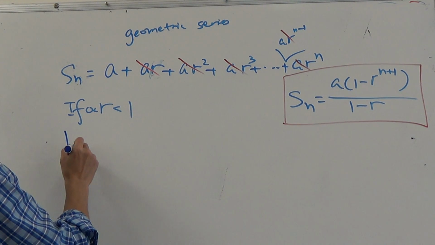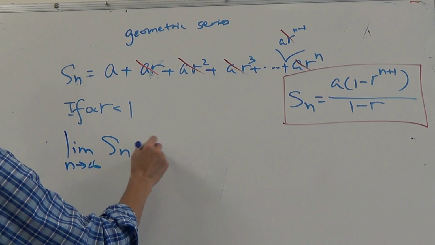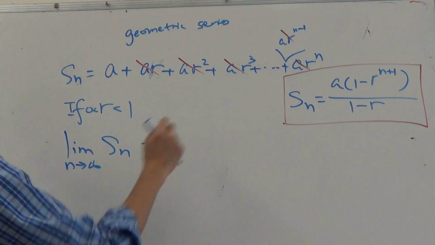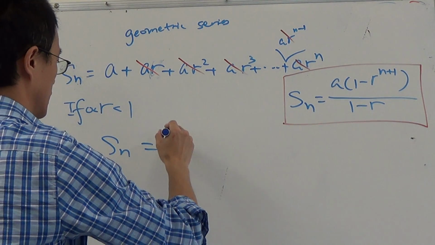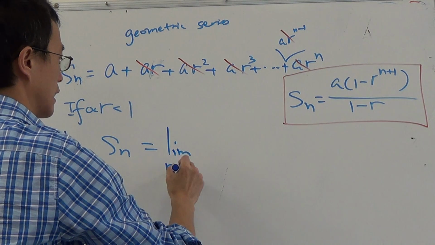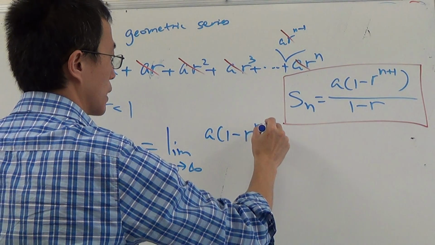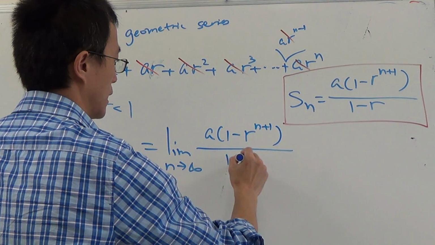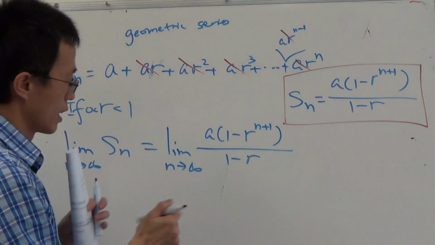Let me write this out: the limit as n approaches infinity of Sn, which is the limit of A times 1 minus R to the power n plus 1, divided by 1 minus R. Look at this equation here.